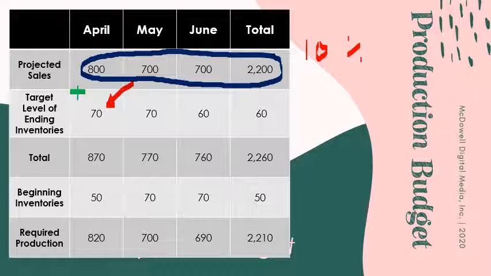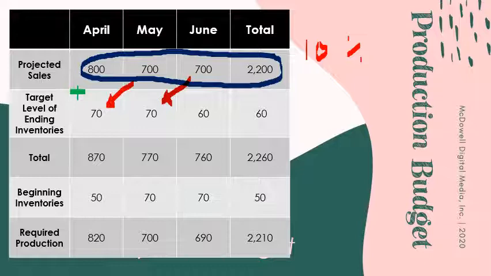Okay. So, gawin din natin si May and then si June. So, dahil 10% of the next sales yung ina-expect mo as your ending inventories, si June naman, you have here another 700. The 10% of 700 is 70. Okay?